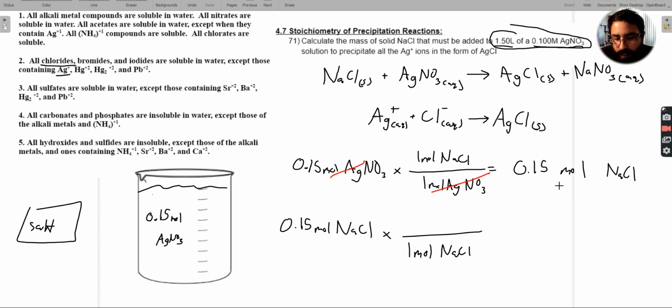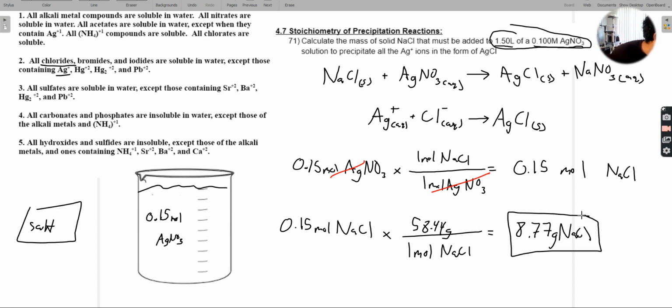Molar mass, NaCl, 58.44. All right. So 0.15 times 58.44, and it gives us 8.77 grams of NaCl. All right, so there we have it.